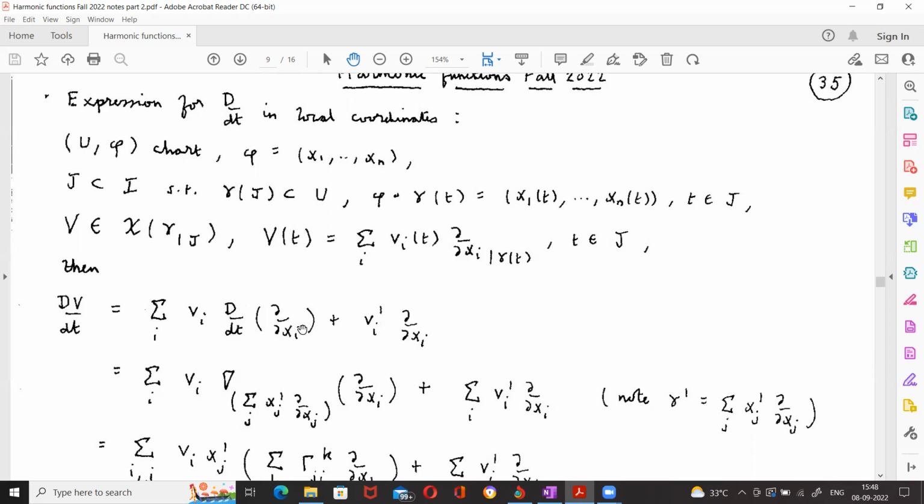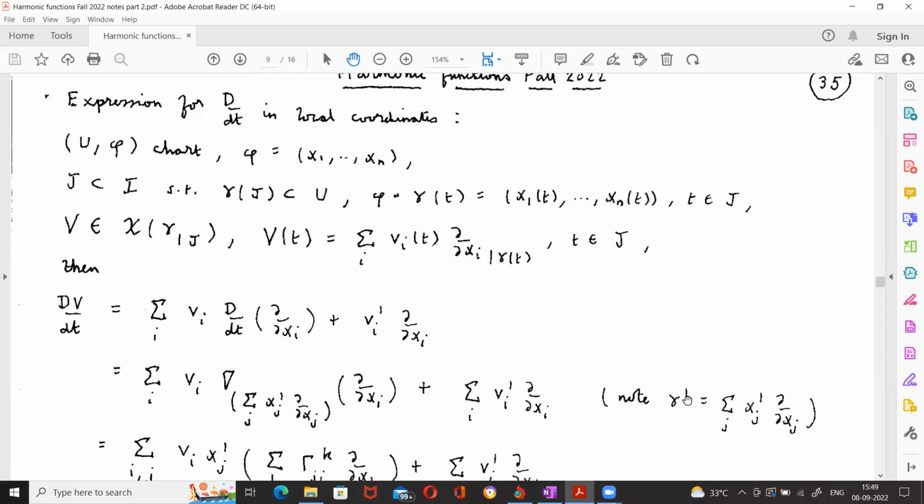Now, ∂/∂xi is a vector field along gamma, which is the restriction of a global vector field on U. Yes, ∂/∂xi is a vector field on U, and I'm restricting it to a part of gamma. So by the compatibility with nabla, D/dt of ∂/∂xi is going to be nabla sub gamma prime(t) applied to ∂/∂xi.